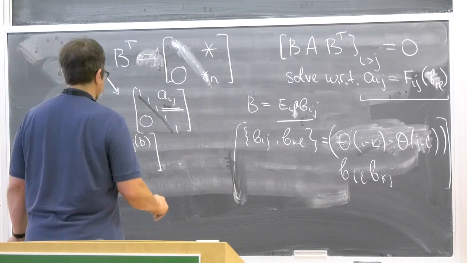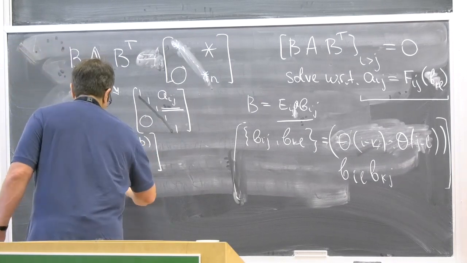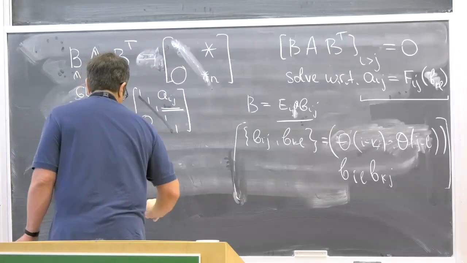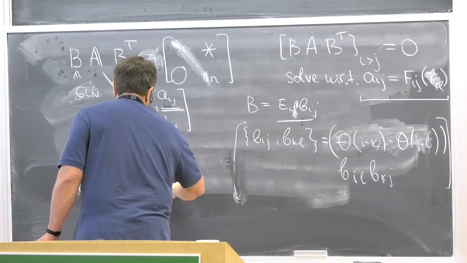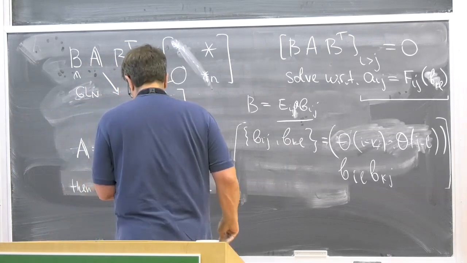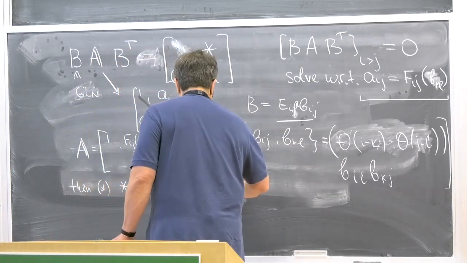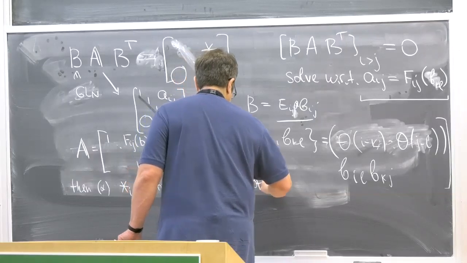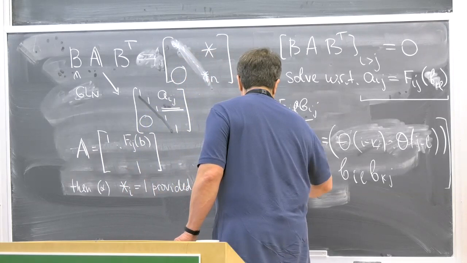The first statement is that these elements that we denote star I are equal to 1, provided all Casimirs of B are equal to 1.